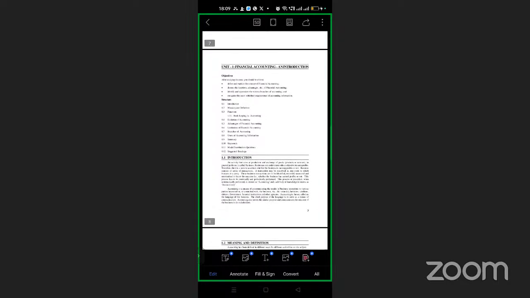When you talk about accounts, we have different definitions given by different persons. As I said, every business wants to know the result of the activities they are doing throughout the year, whether their business is going in profits or under losses.